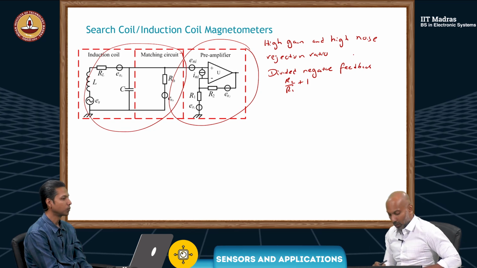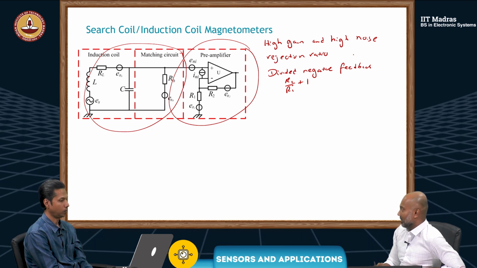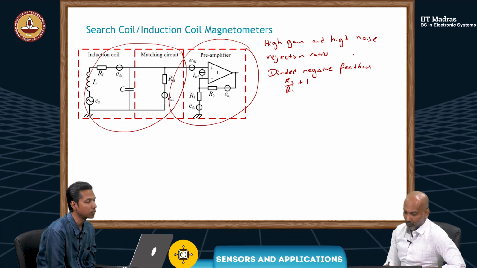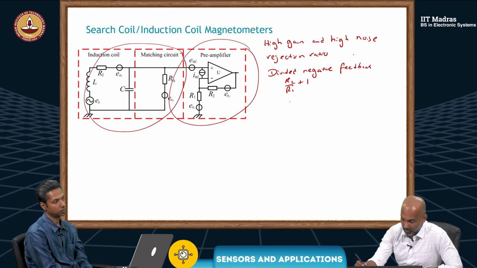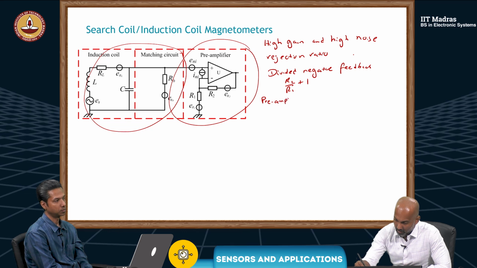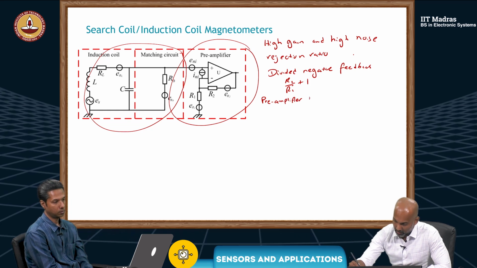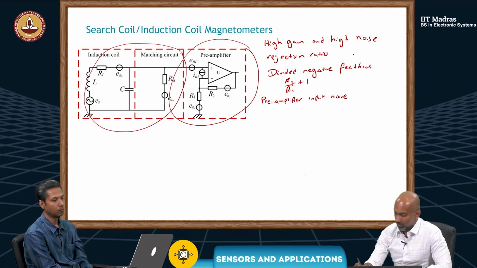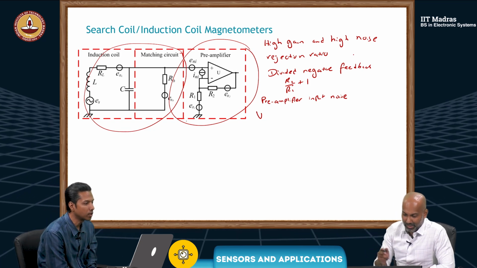That's right. So one of the things we should probably do is to analyze this noise from the amplifier side. Looking from there is a non-inverting plus. So if you look at the pre-amplifier input noise, it has three sources.